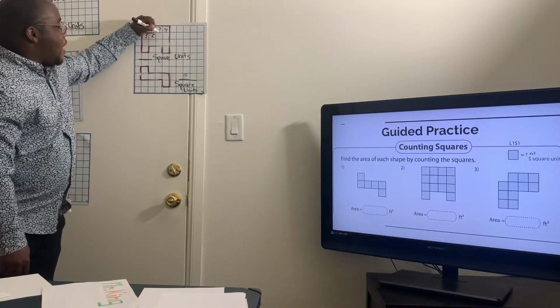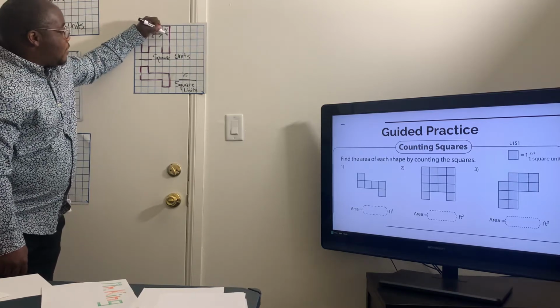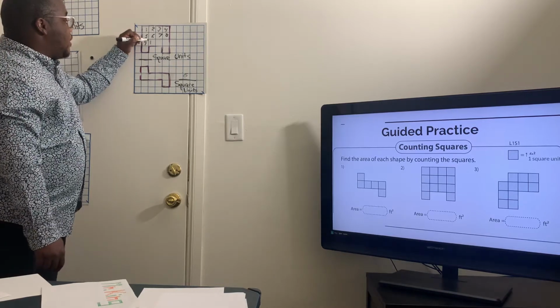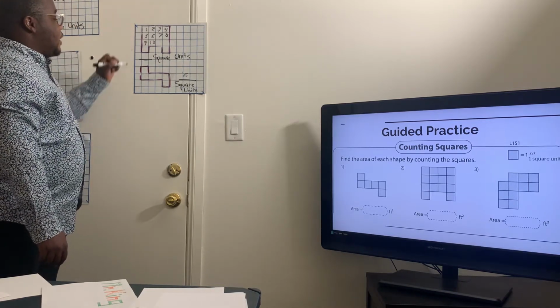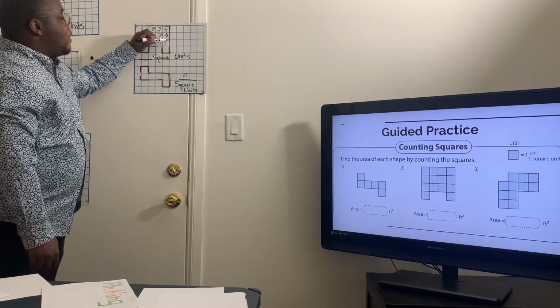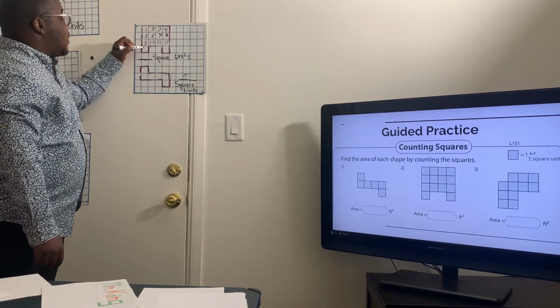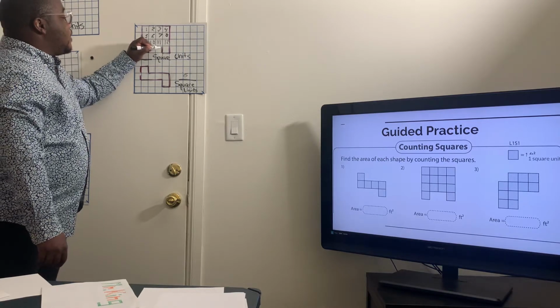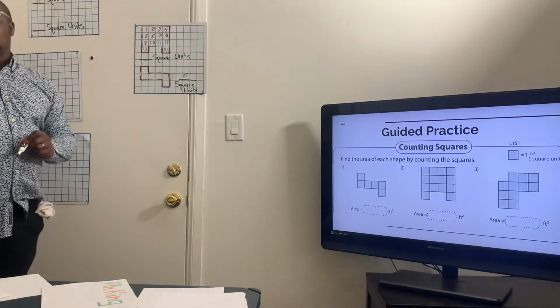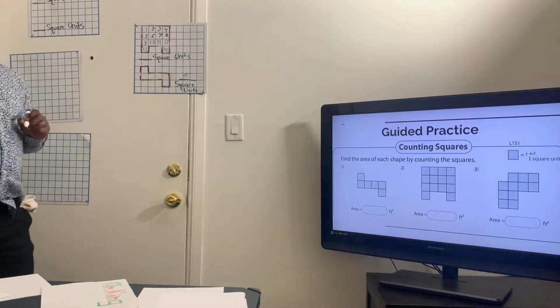Look at that. 7, 8, 9. Slow down. 10. Okay. 11, 12, 13, 14. So what is it? What's the area? 14. 14 what?